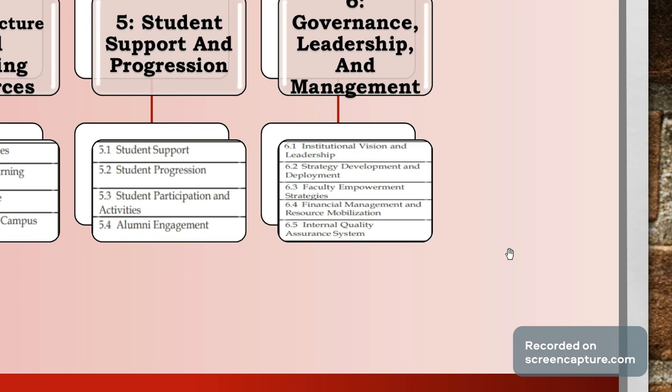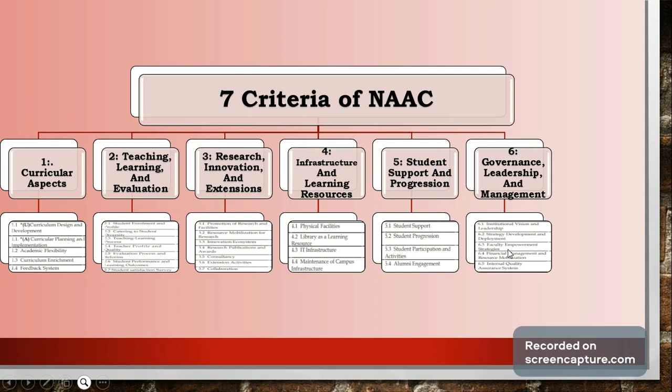So these are institutional vision and leadership, strategy development and deployment, faculty empowerment strategies, financial management and resource mobilization, and internal quality assurance system. And at the last, but not the least, is institutional values and best practices.